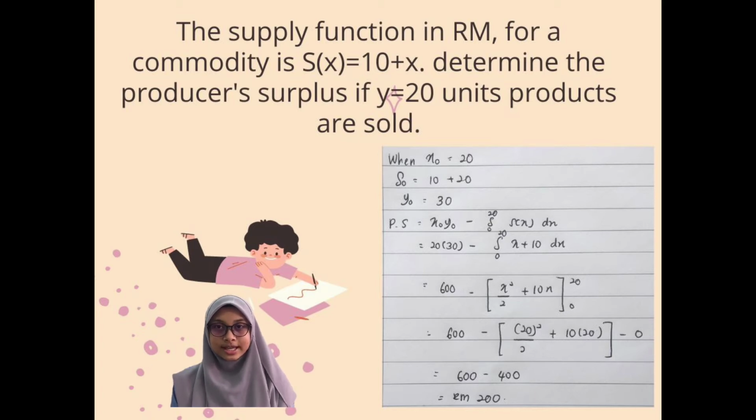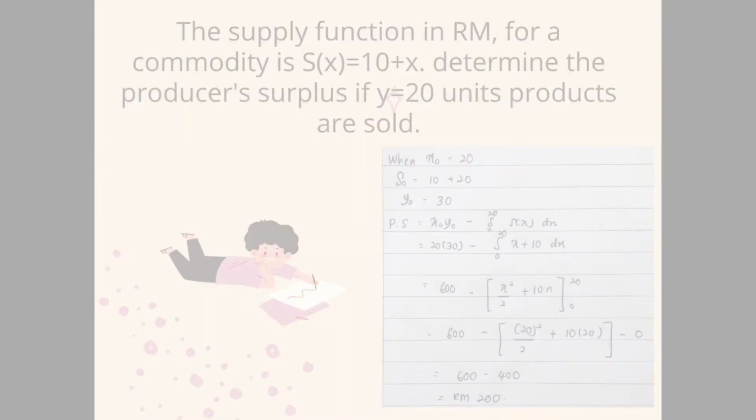First, to find y, let x equal 20, so we get y equal to 30. Now, let's substitute all the information into the producer surplus formula and it becomes 20 times 30 minus the integral from 0 to 20 of x plus 10 dx, and we get the producer surplus equal to 600 minus 400, which is equal to 200 ringgit. I'm glad that I know this knowledge because I have studied the application of integration in chapter 2.